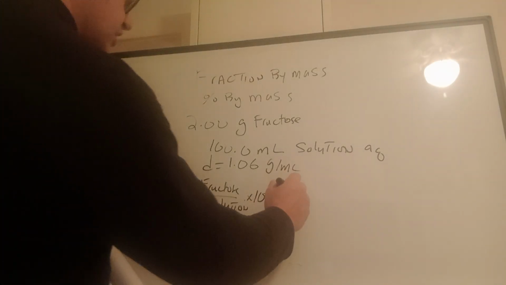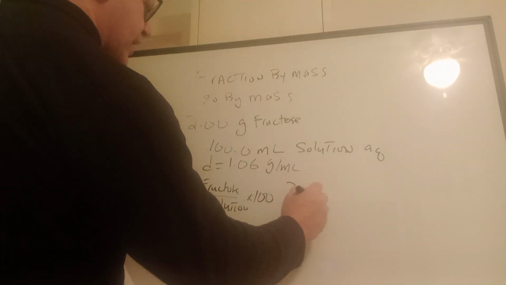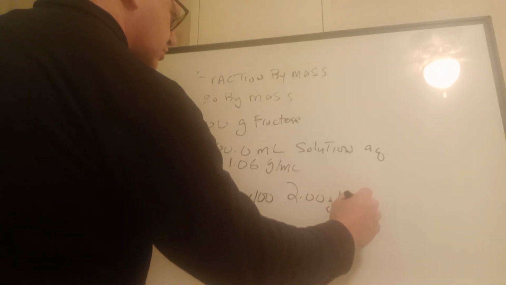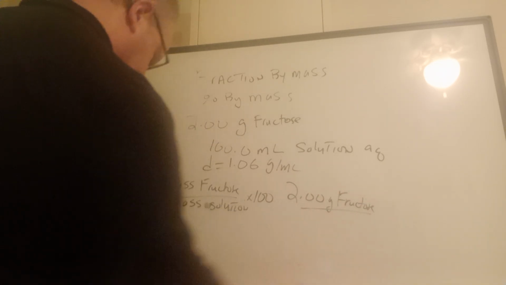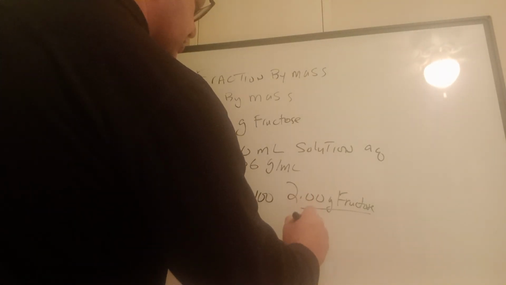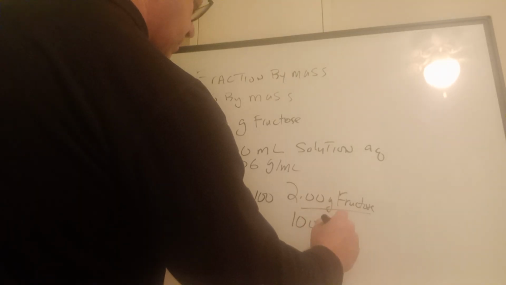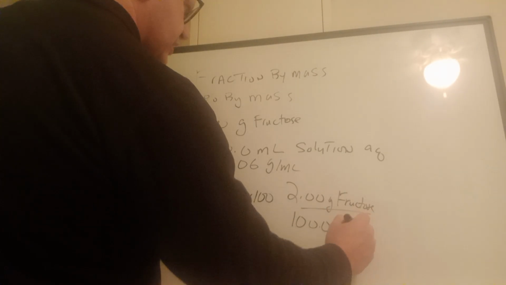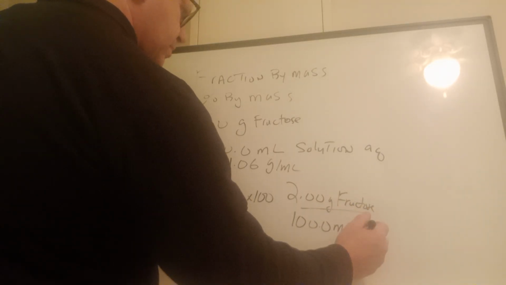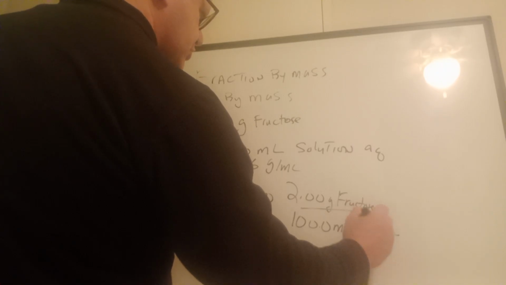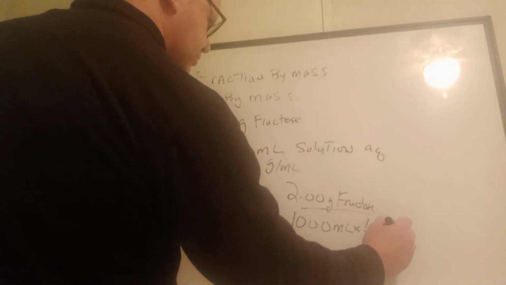So in this case, this is going to be 2 grams of the fructose, and that's going to be over, let's say we have 100 milliliters of the solution. And the density is, we want to get mass on the bottom. Let's see, so we have 1 milliliter is 1.06 grams.